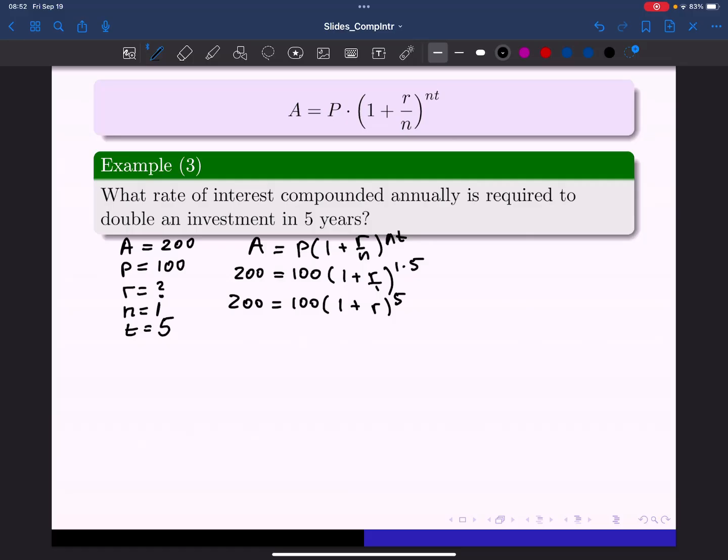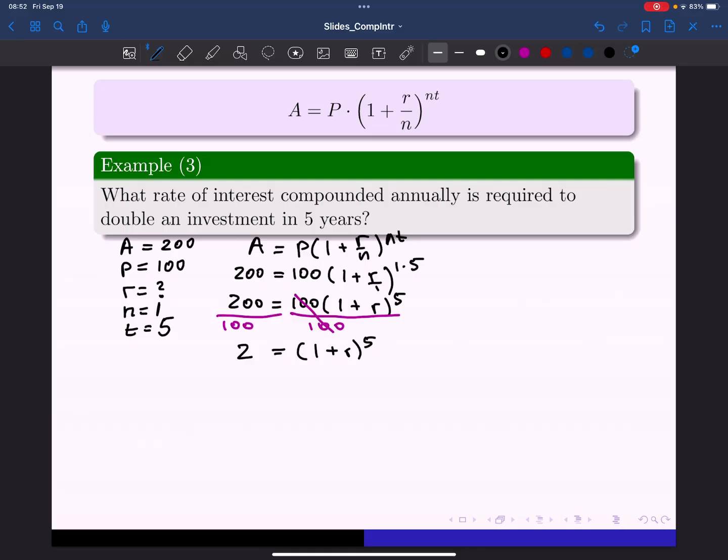So first step, we need to divide by this 100. So we're going to divide both sides by 100. So we have 2 is equal to 1 plus R to the power 5.